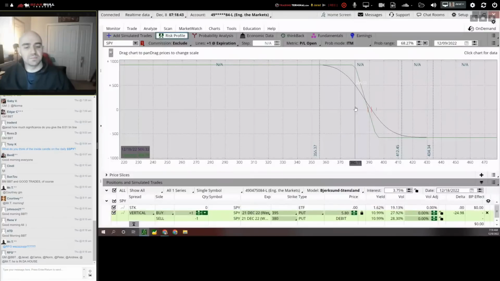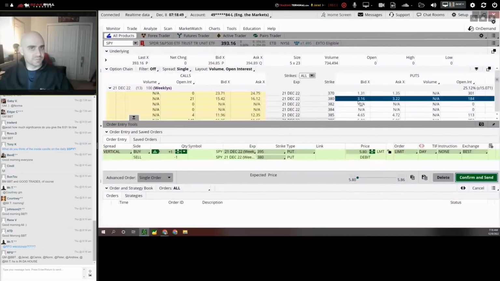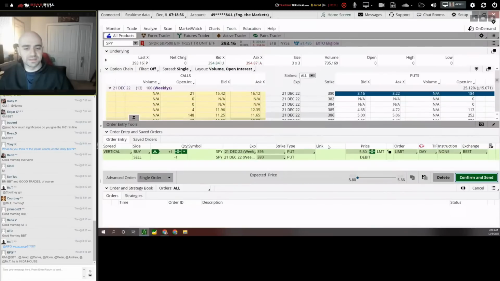And that's really what a vertical is all about, is you're essentially using the marketplace to sell some of the premium, but further out, closer to the target that you assume we're going to hit. And remember, you don't necessarily have to look at these verticals as if they're going to that price target.